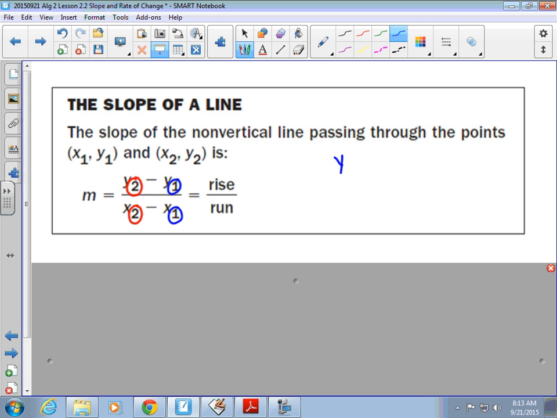It can't say y sub 2 on the top and x sub 1 on the bottom. This right here is a no-no. That won't work if that happens. Most people, when they calculate the slope, just say, okay, this is y sub 2, this minus this, and then they put it over, this is x sub 2, this minus this, and that's perfectly fine. And we'll do something like that in just a second.